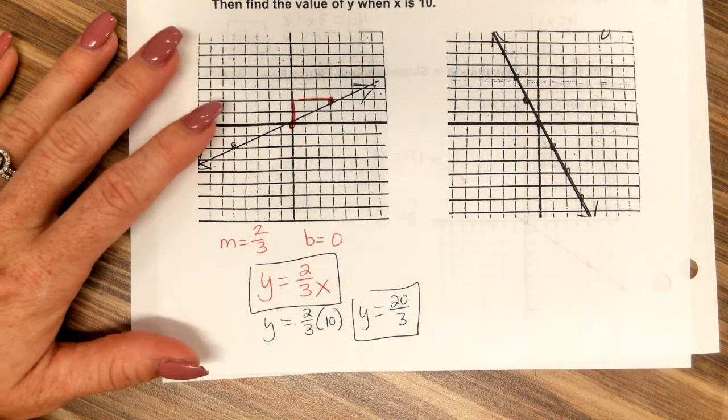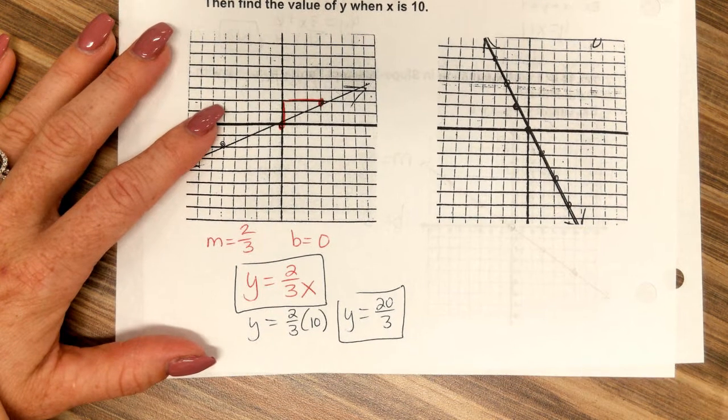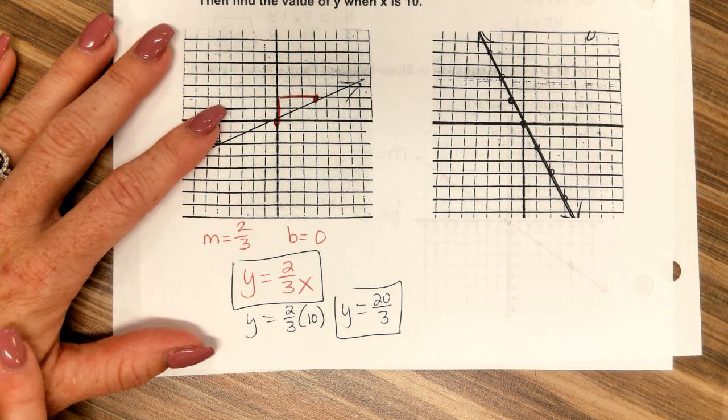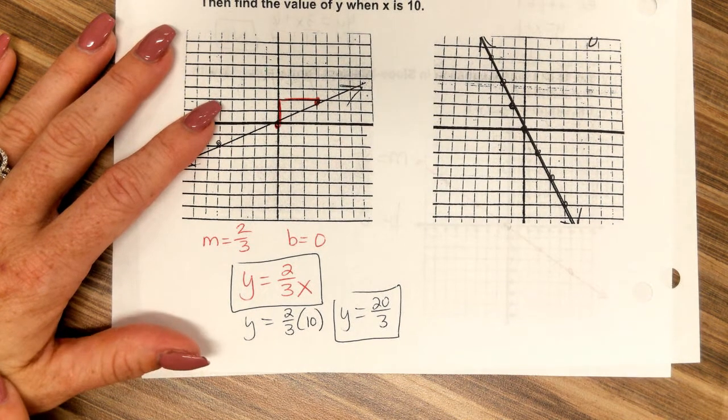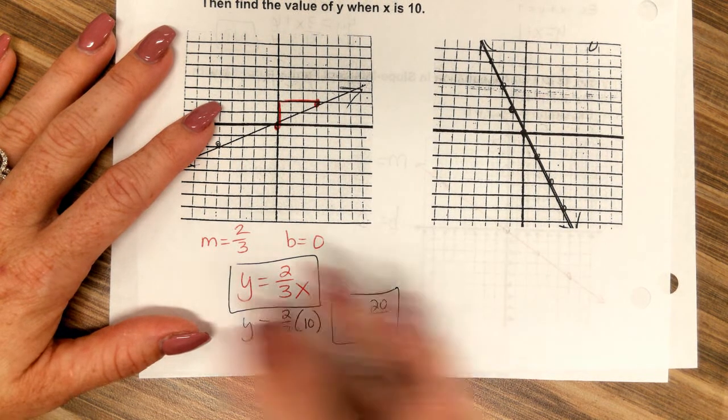Why did I not put that as a decimal? Because it's going to be repeated. I didn't want to. Could I have put it as a decimal? Yes. Which would be 6 point something.